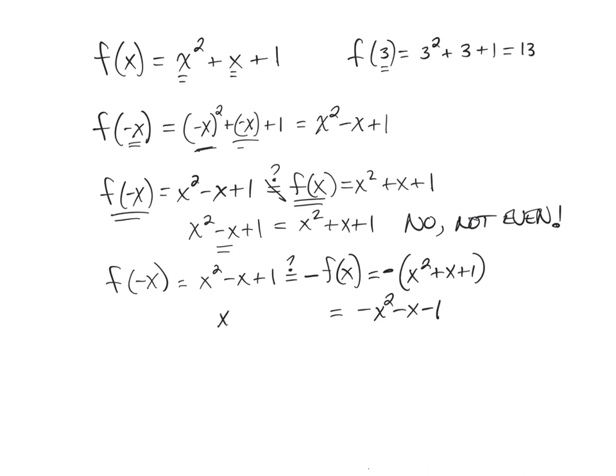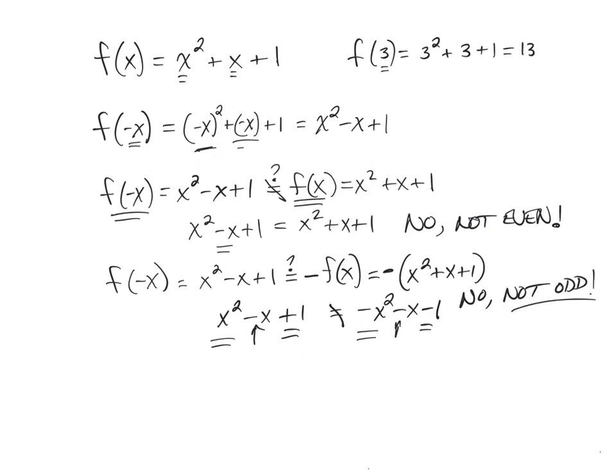And if you look at the left side, we have x squared minus x plus 1. Lots of stuff not the same here. We had an opposite of x squared on one side, regular x squared on this side. These guys are actually the same, but I got a plus 1 here and a minus 1 there. Clearly not equal, so no, you are not odd either.